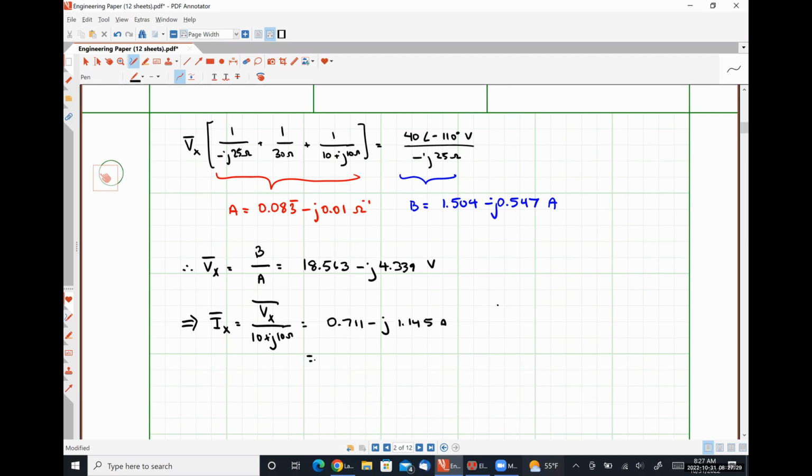Or in polar form, 1.348 angle negative 58.157. The exact same results we got earlier, right? Two entirely different methods, both roughly the same level of difficulty, giving us the exact same answer as would be expected, okay?